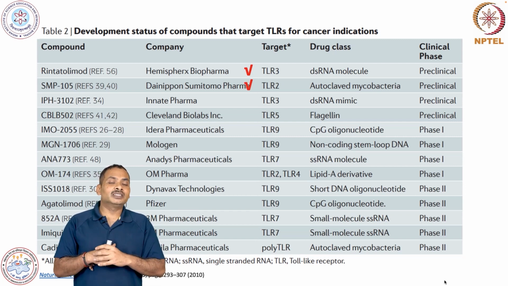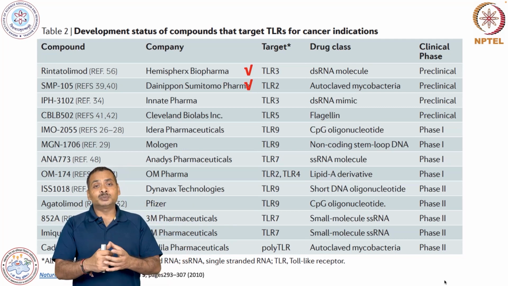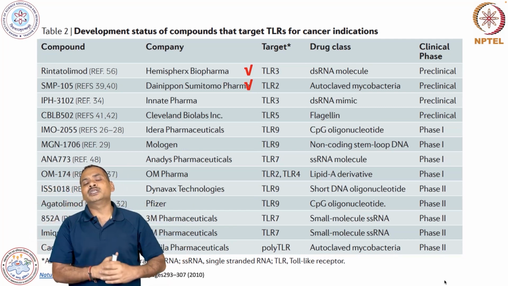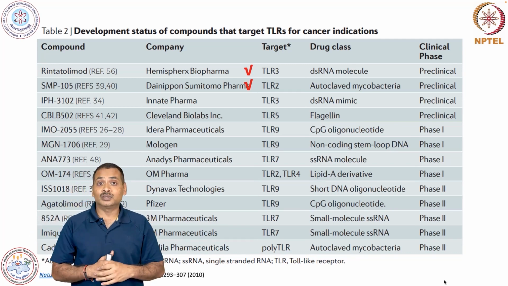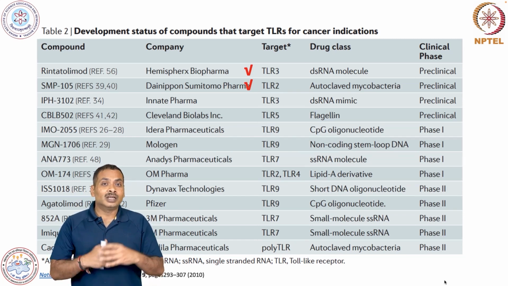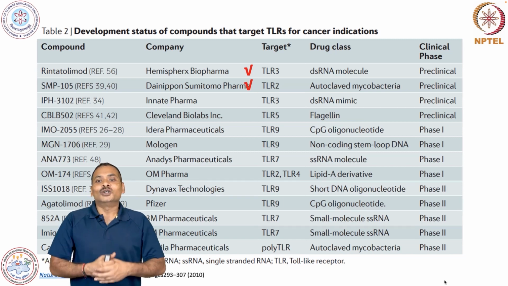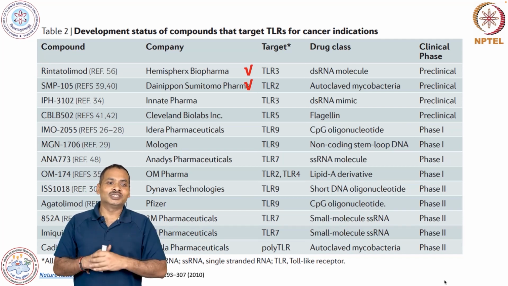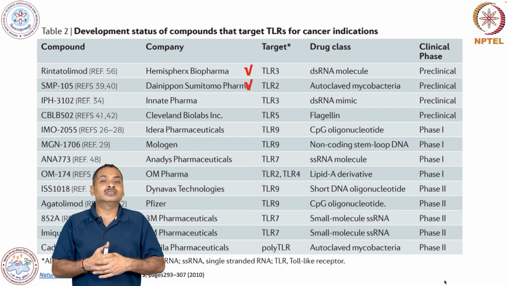So heat killed mycobacteria has a tremendous potential to activate innate immune response, in order to make an appropriate adaptive immune response, which is a B cell mediated response, which finally results in the production of high titer antibody. And it is also important in inducing the T cell mediated immune response. So here you can see that this autoclaved mycobacteria is also used, or about to be used, in humans, okay, and that may be used for the treatment of cancer.